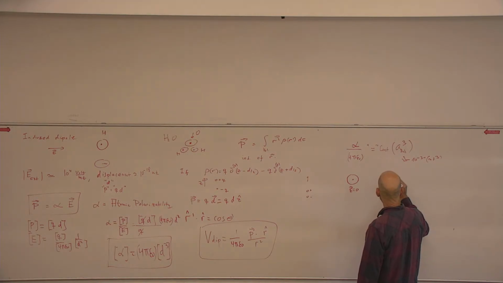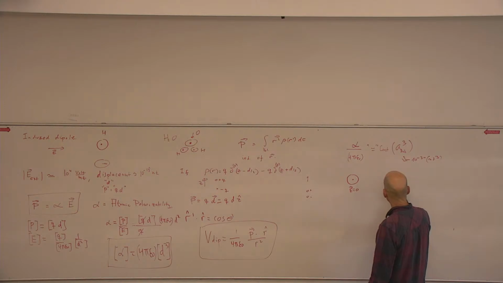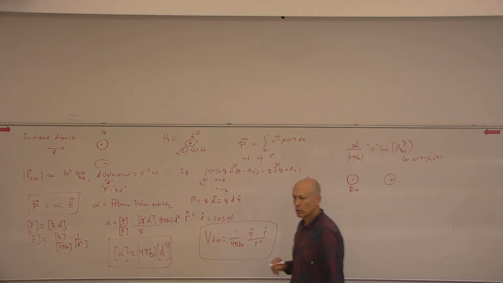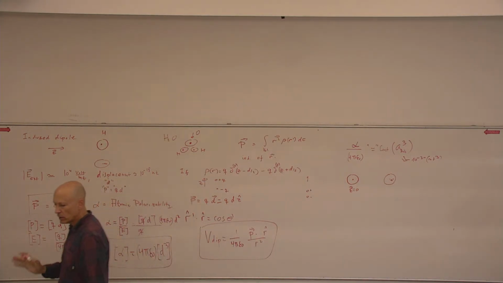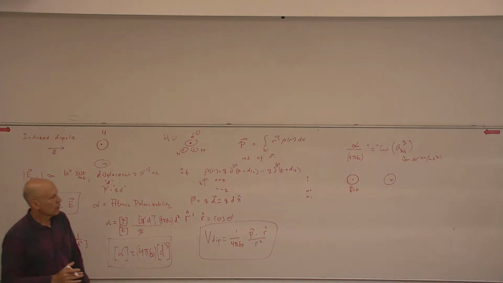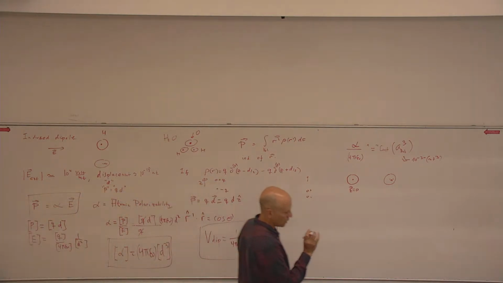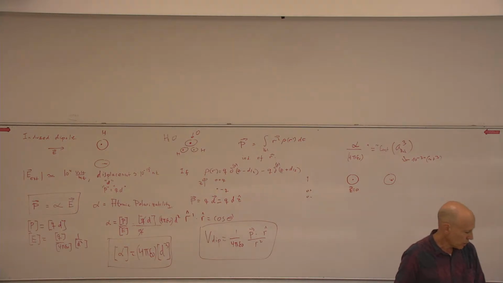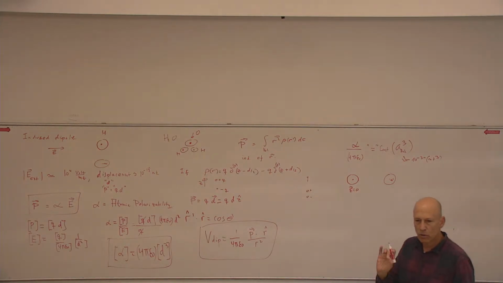This was the charge, and now we're just going to move this one only. It's of course cheating because everything here is very rough. So I'm moving the plus a little bit because of the external field.